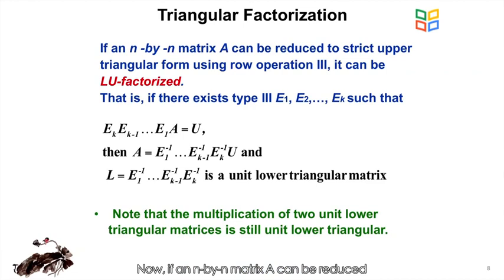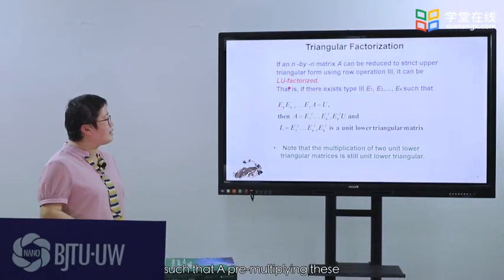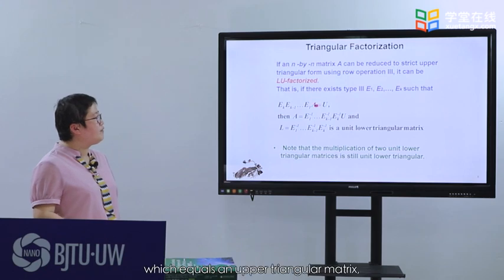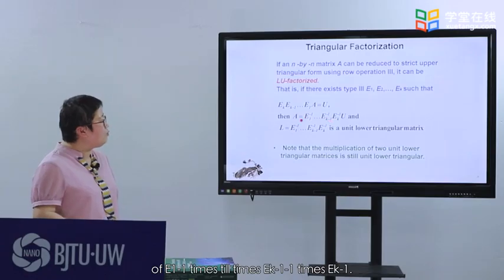Okay. Now, if an n by n matrix A can be reduced to strict upper triangular form using row operation 3, it can be LU factorized. That is, if there exist type 3 elementary matrices E1, E2 till Ek such that pre-multiplying A by these elementary matrices of type 3 equals an upper triangular matrix U, then you can write A equals E1 inverse times up to Ek minus 1 inverse times Ek inverse times U, and L is just the multiplication of E1 inverse till Ek minus 1 inverse times Ek inverse.